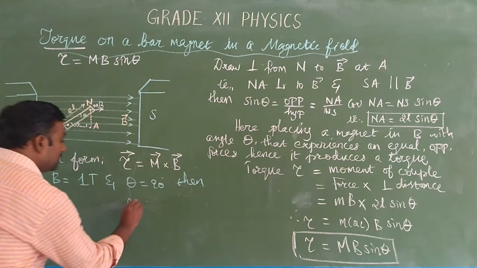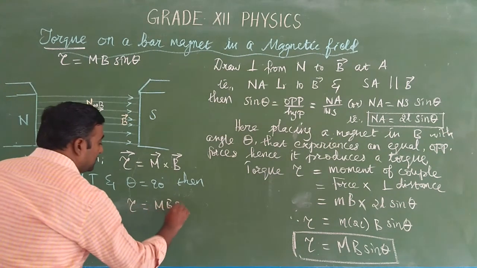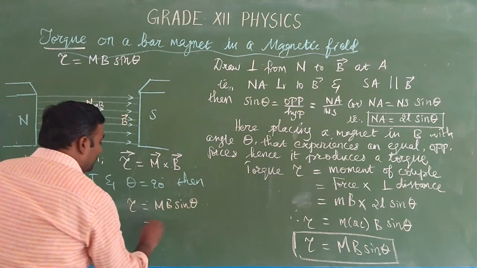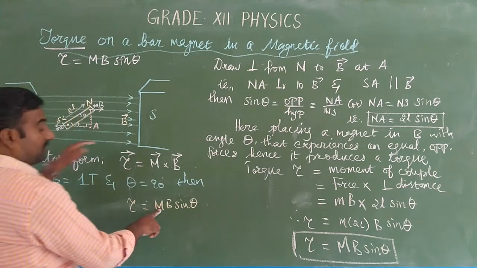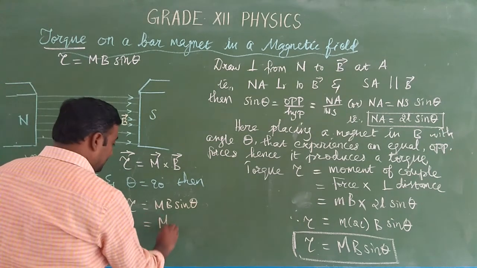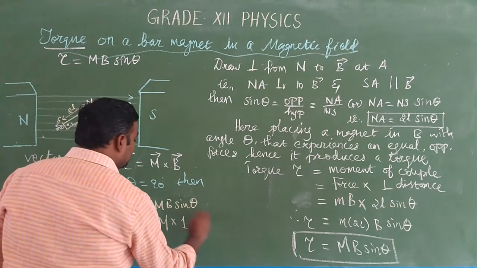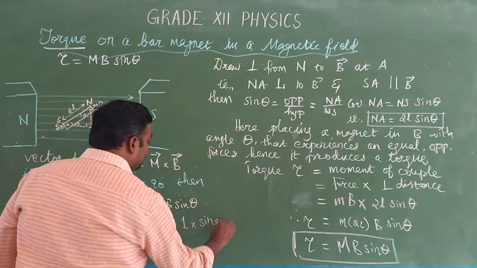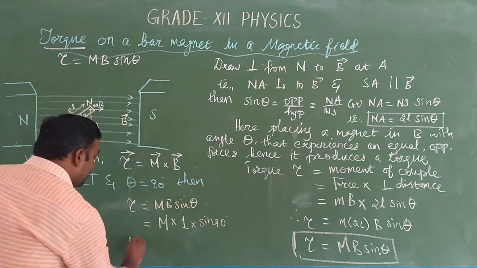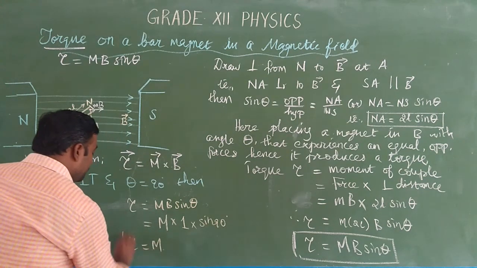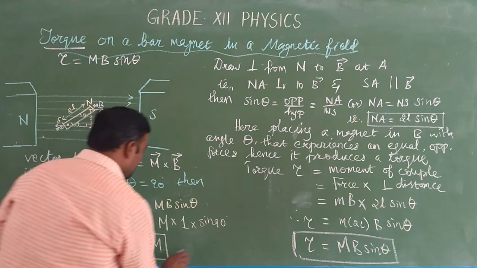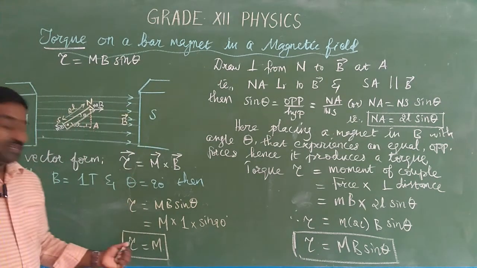We know tau is MB sin theta. The magnetic moment is the same, the magnetic field is 1 Tesla and the angle gives sin 90 degrees. What is the value of sin 90 degrees? It is 1.